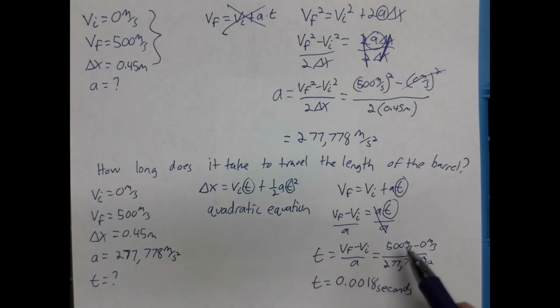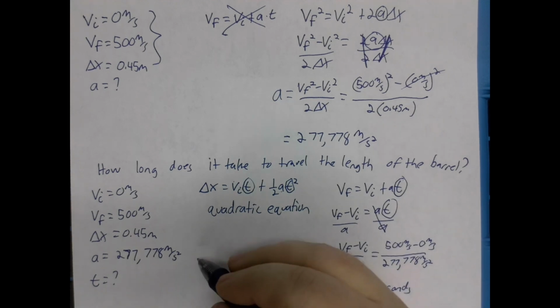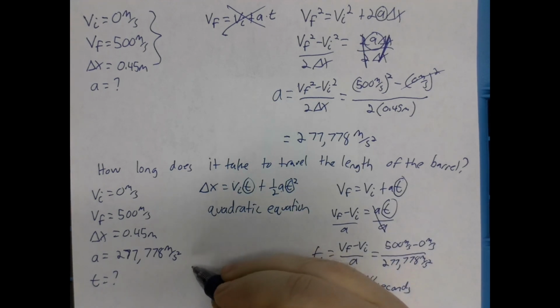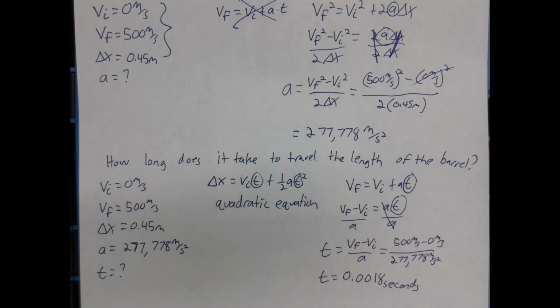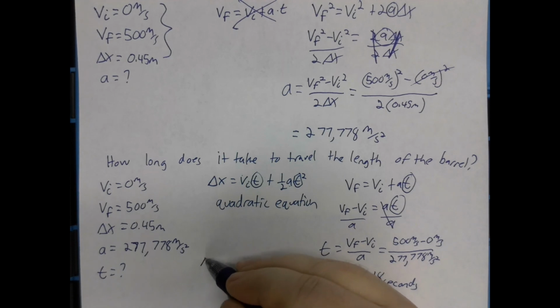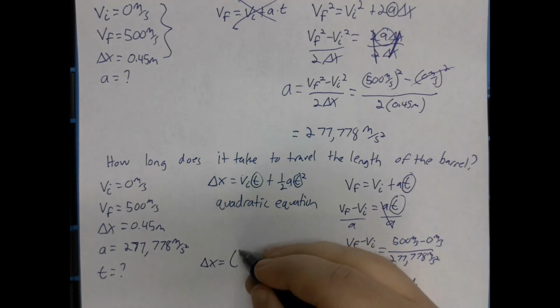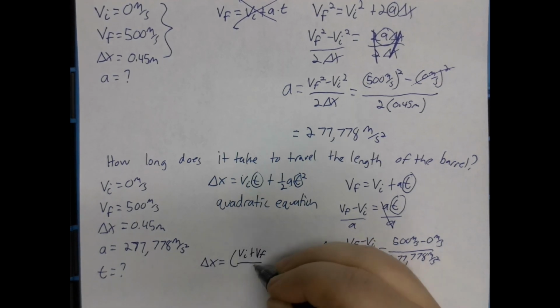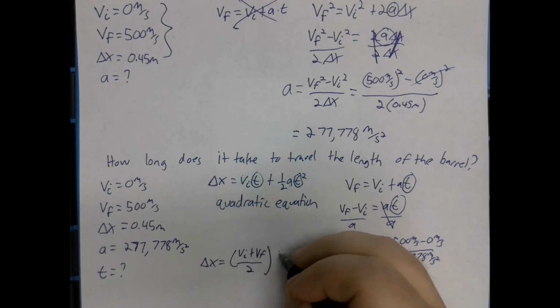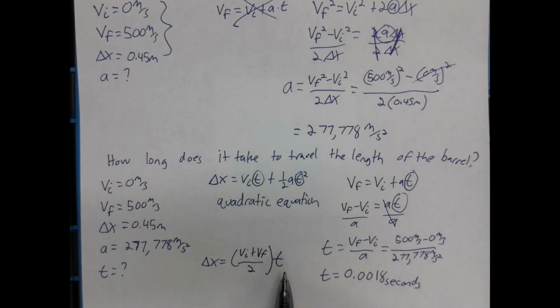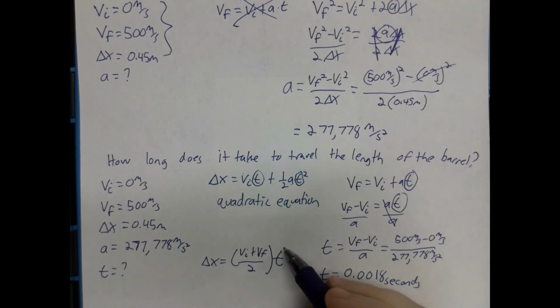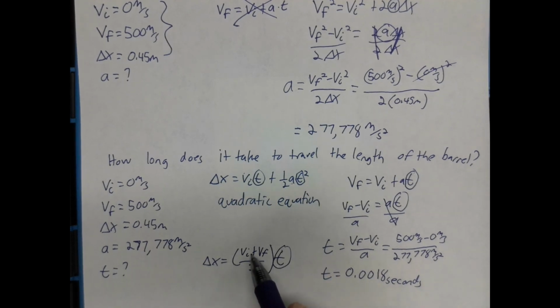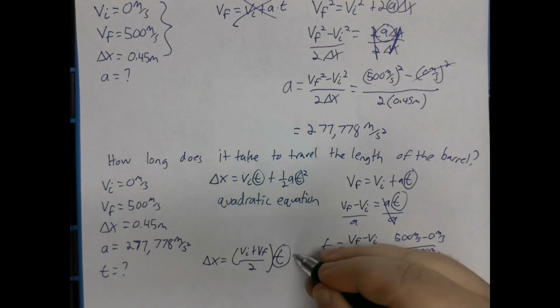Now, that wasn't the only equation we could have used. We could have also used the other equation. What was the other equation? What's the third equation? So we can solve for t. So solving for t, if we have some fraction multiplied to a variable, what we can do is multiply by the inverse.